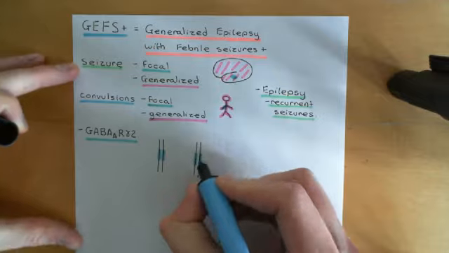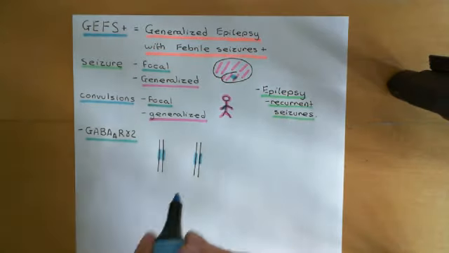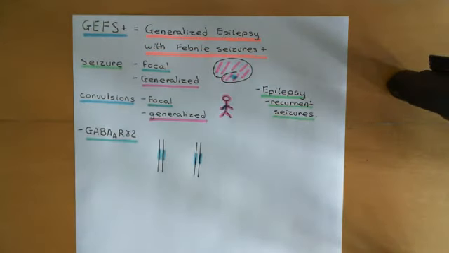These represent the maternal copy and the paternal copy of the gene, and both will be making GABA A receptor gamma 2 subunits. To get generalized epilepsy with febrile seizures plus, you only need a mutation in one of these. So this is an autosomal dominant disease. You don't need mutations in both of them.